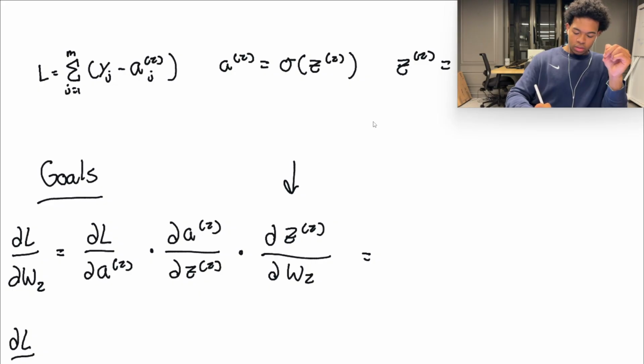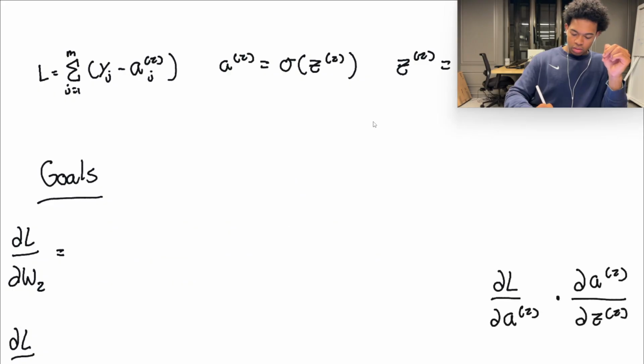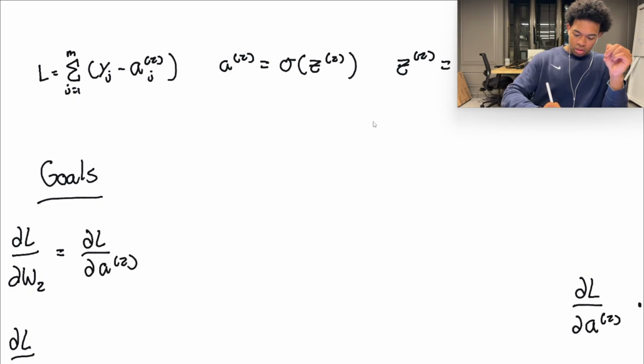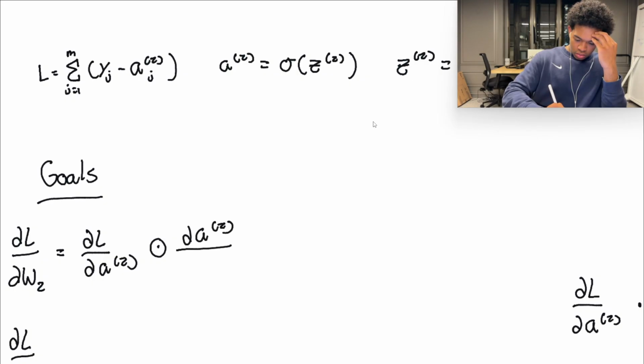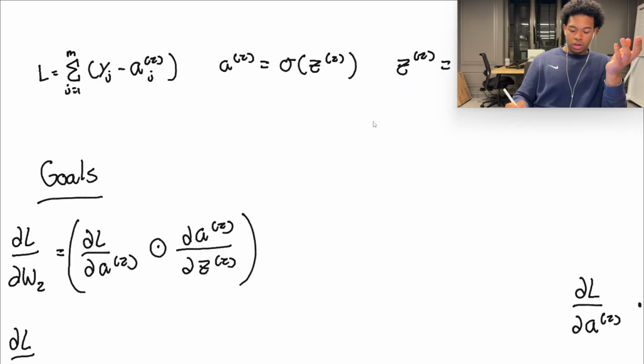partial of L with respect to A2, partial of A2 over Z2. That's a vector.